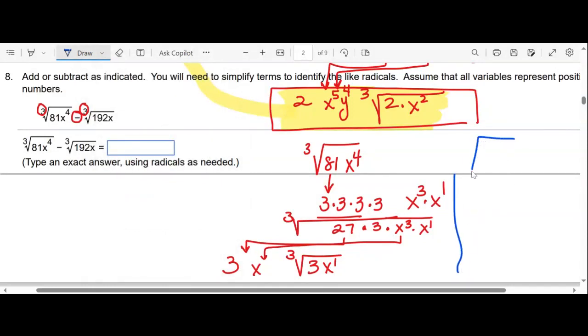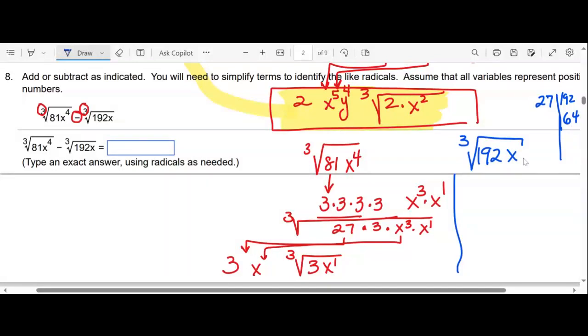What's the next part? We're taking the other. 192 times x. Now think, what are the three numbers times each other that give you a number close to 192? Can we do by 3? Or 27? Can you divide by 27? What are you going to get? 64.